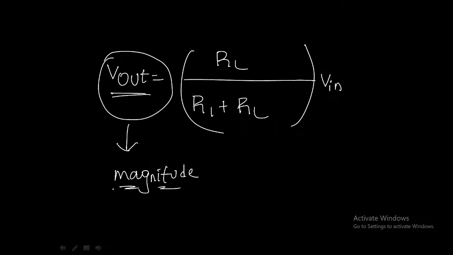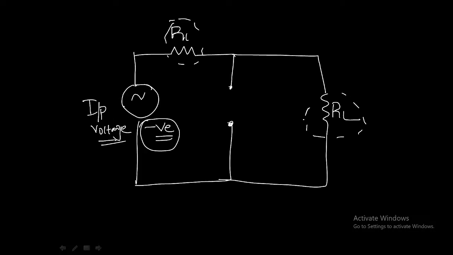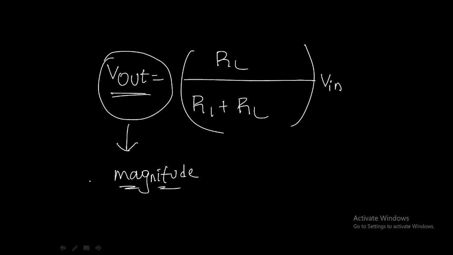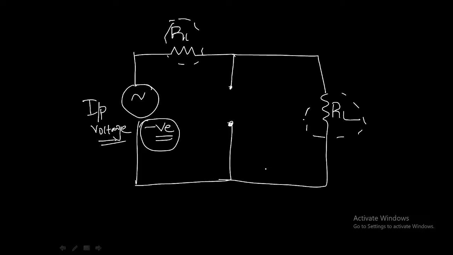And what is the sign of this magnitude? It is minus. Why? Because we are applying a negative voltage, so the sign becomes minus. Whatever the result, we will keep a minus sign before the magnitude. So this is how we find the output voltage of this particular circuit.